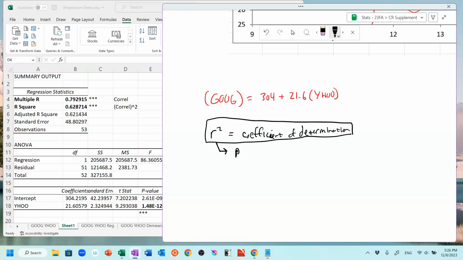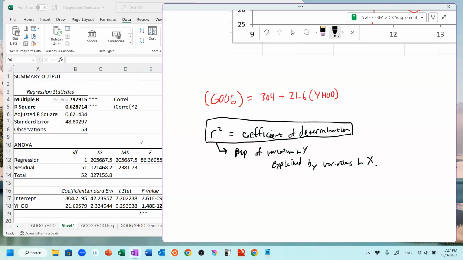R squared is the proportion of variation in variable y explained essentially by the model, or really by variations in x.